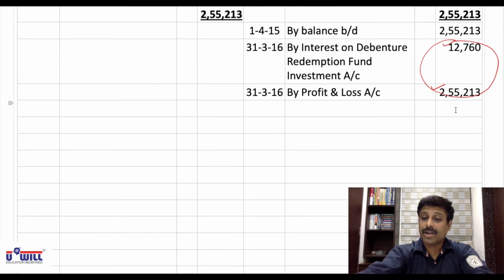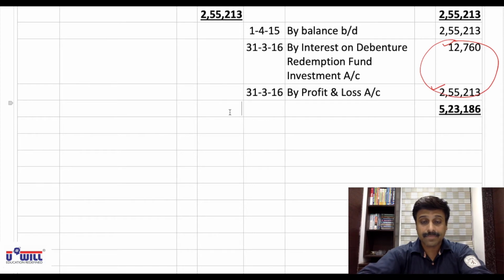Debenture redemption fund account. Do the totals, everyone. 255,213 plus 12,760 plus 255,213 means now the total is 523,186. Okay, 523,186 on both the sides and balance also 523,186.